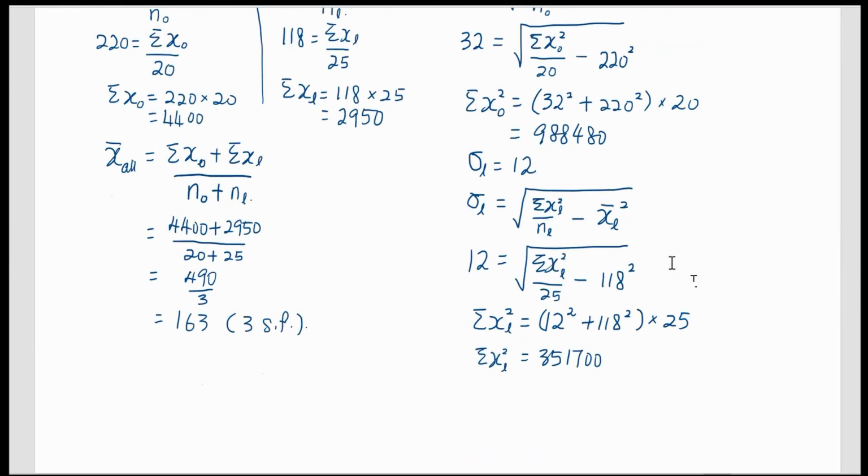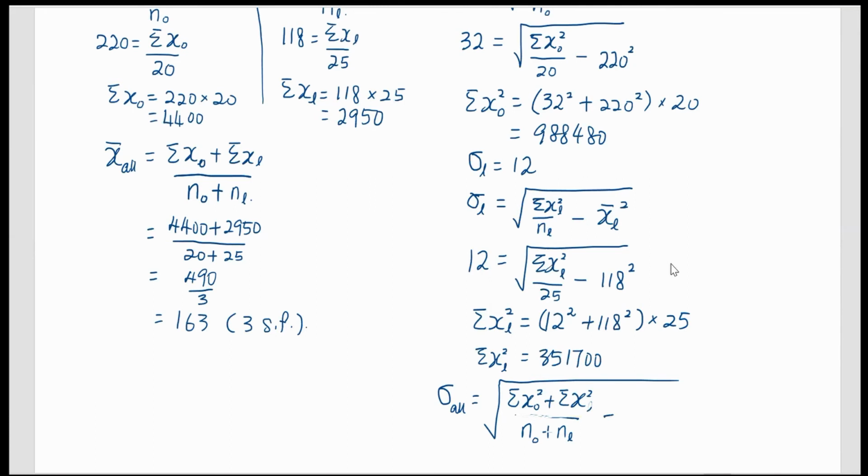All right, so since we have found the sigma x squared for the orange and the lemon, now we are going to get the standard deviation of all these 45 fruits. So we look for the standard deviation of all, using the formula: the total of the x squared for oranges plus the total of the x squared for the lemon, divided by the total of both the oranges and the lemon, then minus the mean of all, squared.